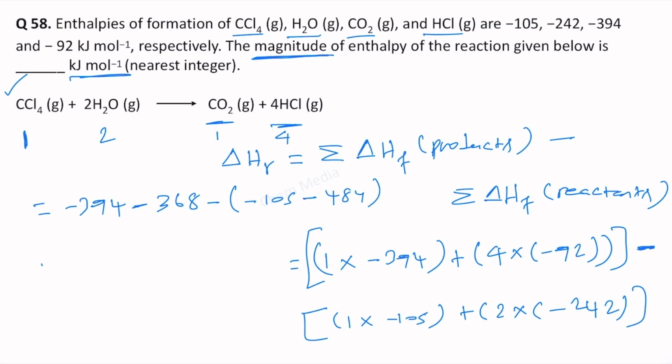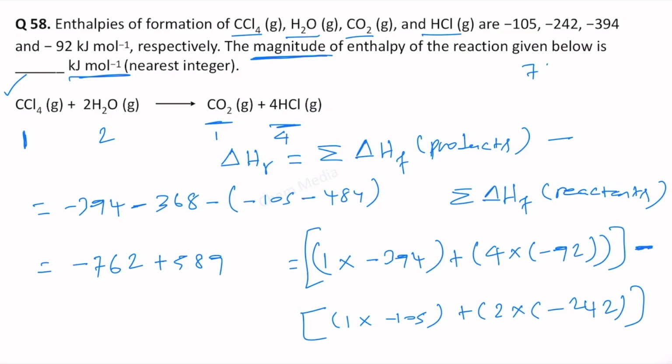So therefore this will be equal to minus 394 minus 368. So 8 plus 4 is 12, and then 10 plus 6 is 16, so 6 remaining 1, and then 3 plus 3 is 6, 6 plus 1 is 7, so minus 762. And then this minus into minus will eventually become plus, and this will be 589 if we add 105 and 484.